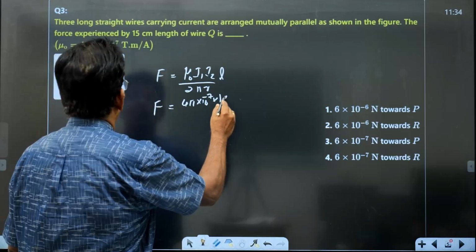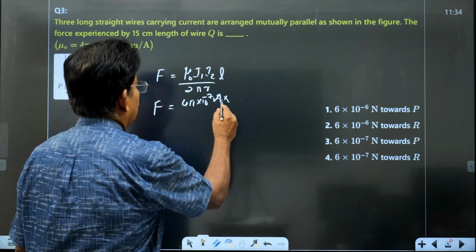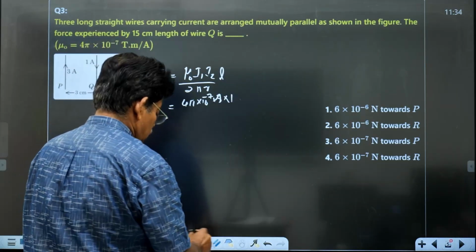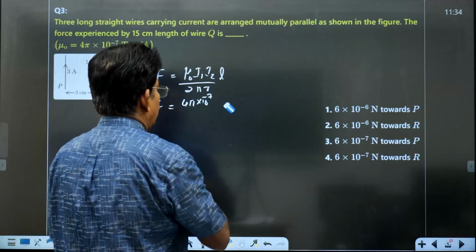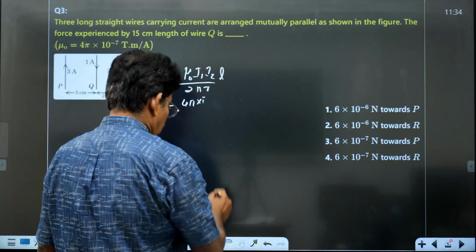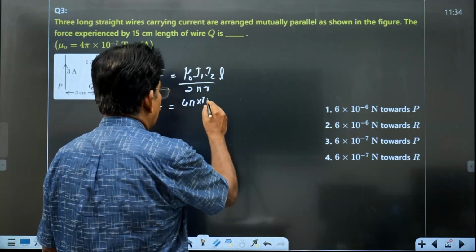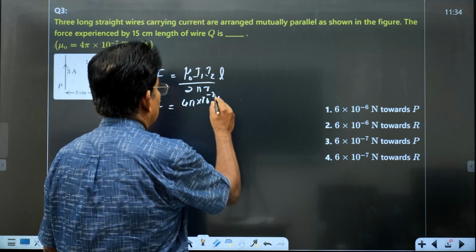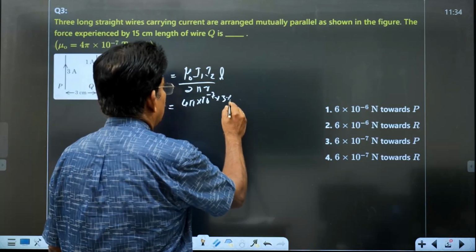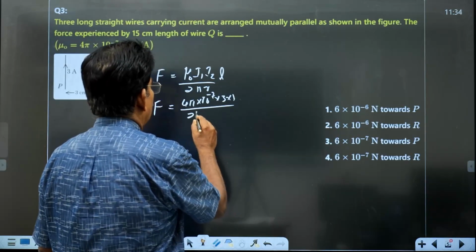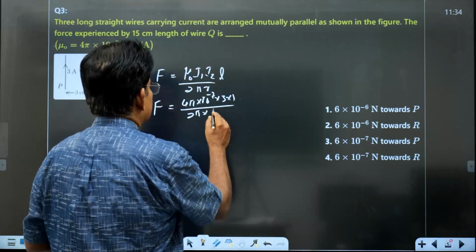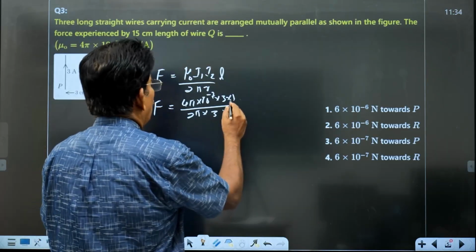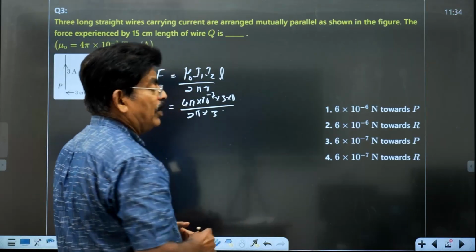into 3 into 1. I1 is 3, I2 is 1, divided by 2 pi. R is 3 centimeter. And you know, in numerator there is an L coming.